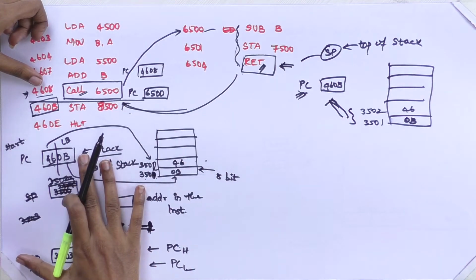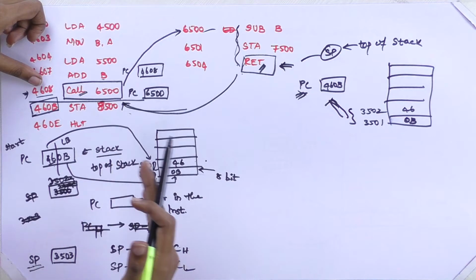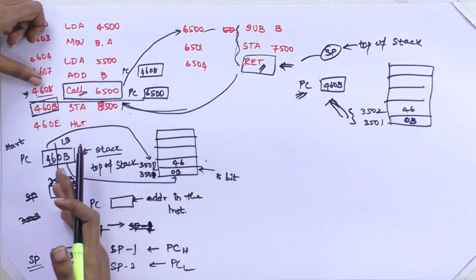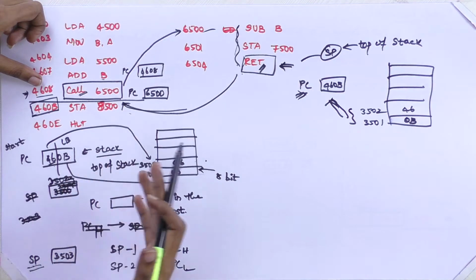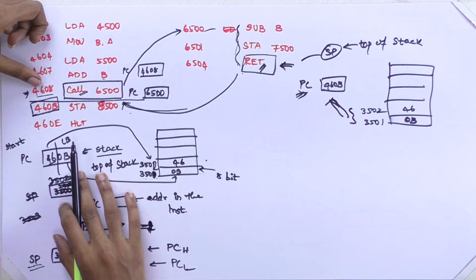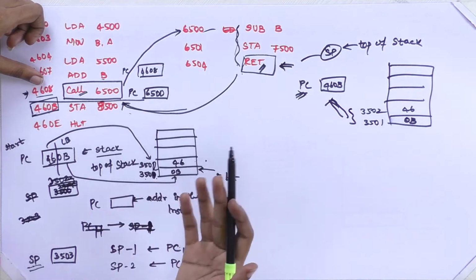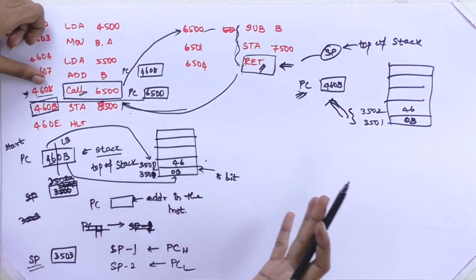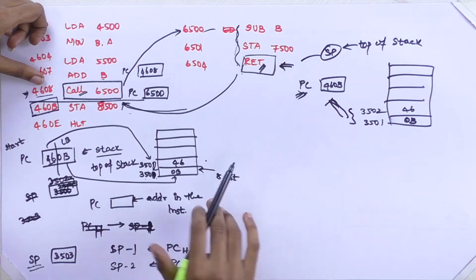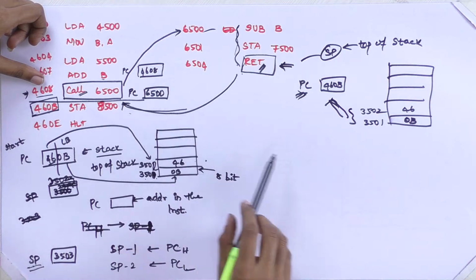This is the unconditional call. Next we will see the conditional calls, which are similar to what we have seen in the conditional and unconditional jump. It will check whether the condition is satisfied or not. If it satisfies the condition, it will call the particular address that we have mentioned in the instruction, otherwise it won't.